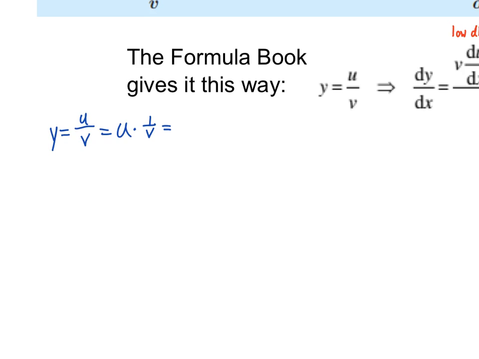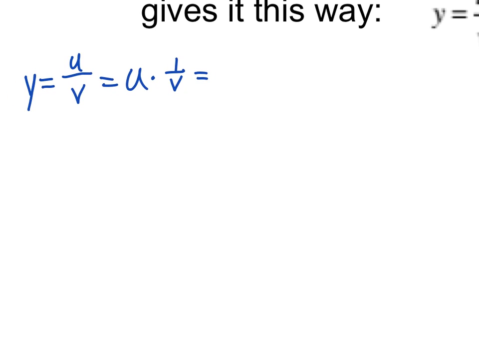Alright? But I also want to see where this comes from. Because as you learned, who knows way back when, division is simply multiplication. But it's multiplication by the reciprocal of something. So when I'm dividing by 2, that's the same thing as multiplying by a half, the reciprocal of 2.